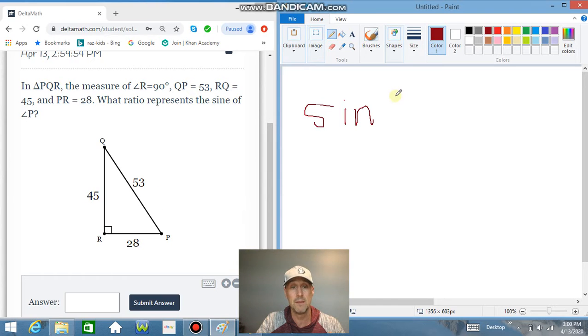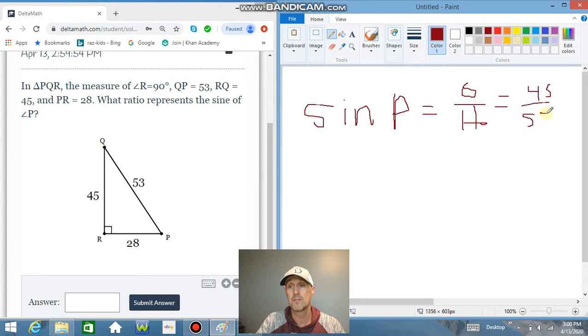So sine of angle P is going to be, remember SOHCAHTOA, opposite over hypotenuse for sine. All right, so opposite of P is going to be over here, directly across from it, 45 over the hypotenuse, which is clearly 53.